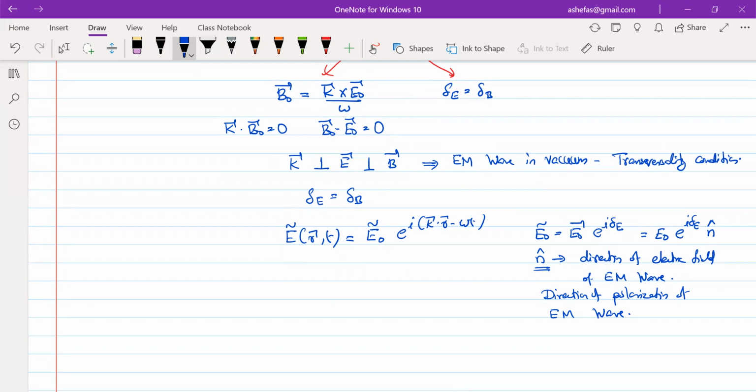But if the direction of polarization is fixed, that means if the electric field is oscillating only along one particular direction, then it is called a polarized wave. So this n is called the direction of polarization.